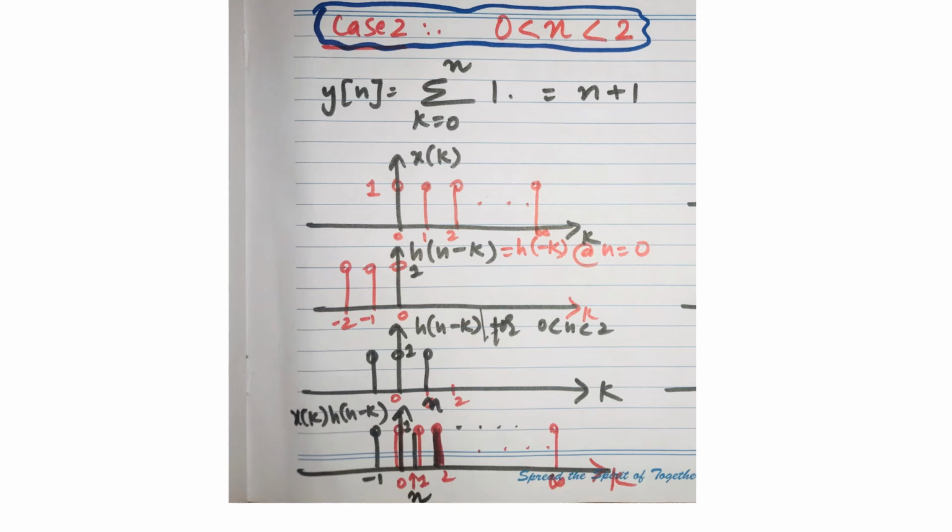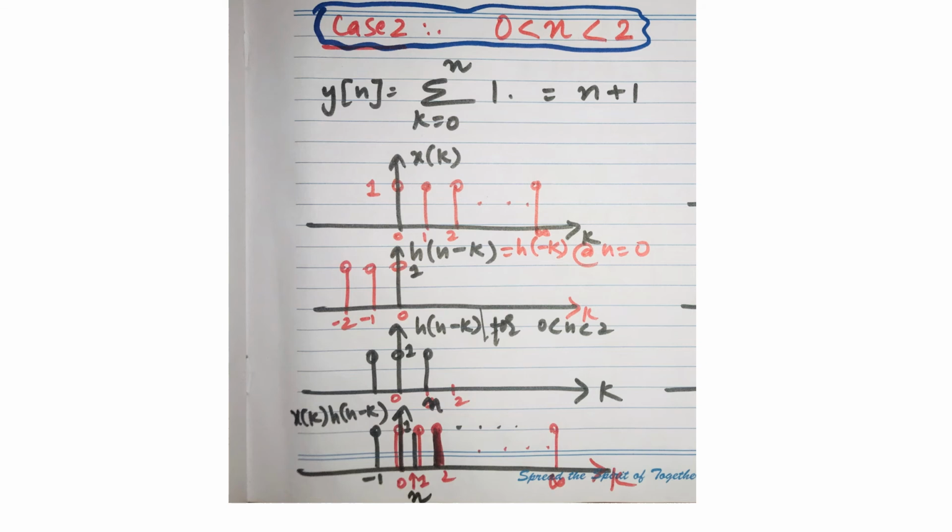Coming to the second case, that is n between 0 and 2. So, in this case, you need to shift h of n minus k towards right, and that n value should be between 0 and 2. And then you need to multiply x of k and h of n minus k.